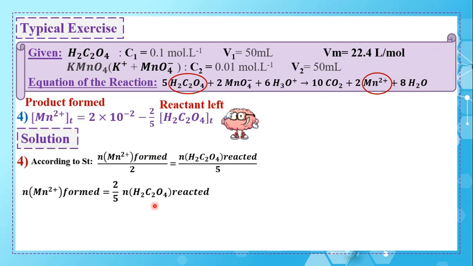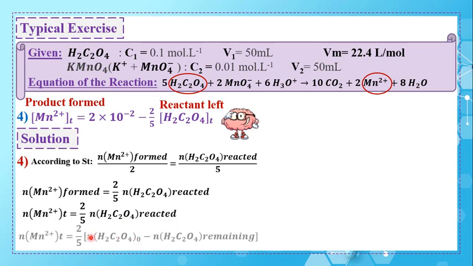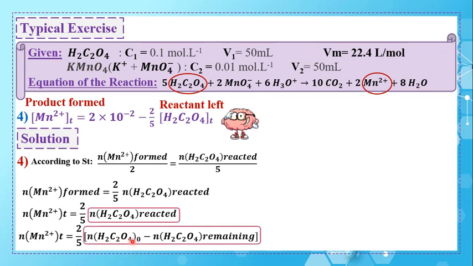of H2C2O4 reacted. Instead of Mn2 plus formed, I can put T, since it is a product, remember this. And H2C2O4 reacted, I have to replace it. How? By writing, instead of N, number of mole of H2C2O4 reacted, which is equal to the initial number of mole of H2C2O4 minus the number of mole of H2C2O4 remaining or left.